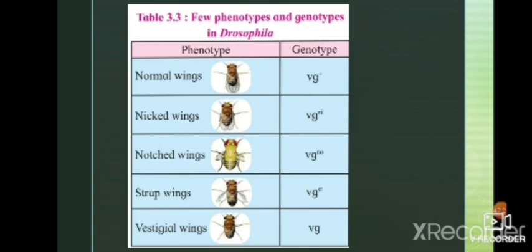In this table, there are a few phenotypes and genotypes in Drosophila. Phenotype normal wings, genotype vg plus; phenotype nicked wings, genotype vg-ni; notched wings, genotype vg-no, no meaning notched; strap wings, genotype vg-st, st meaning strap; vestigial wings, genotype vg, that is vestigial wings.